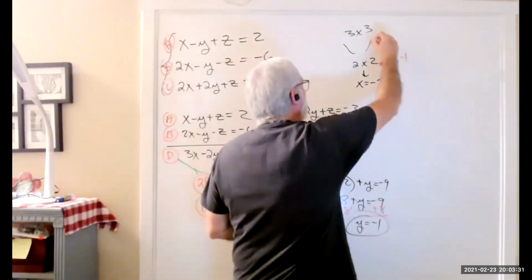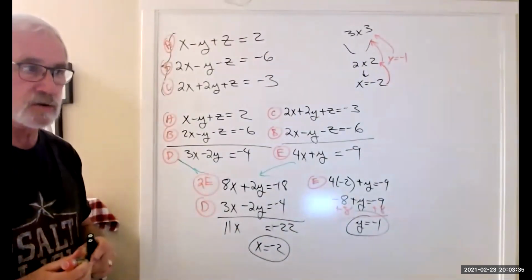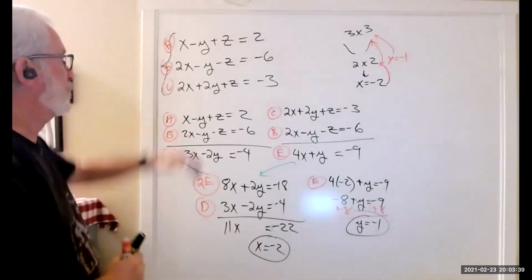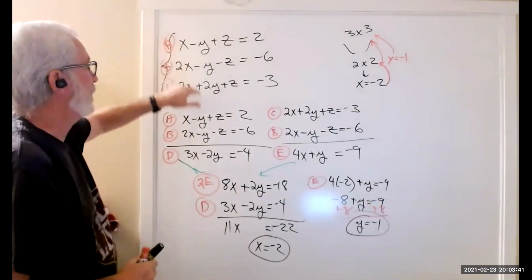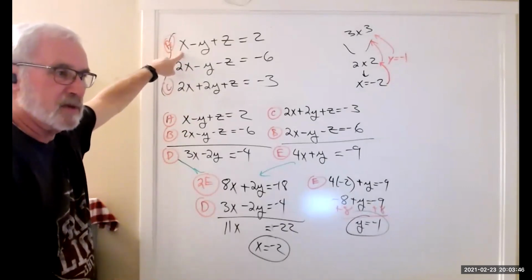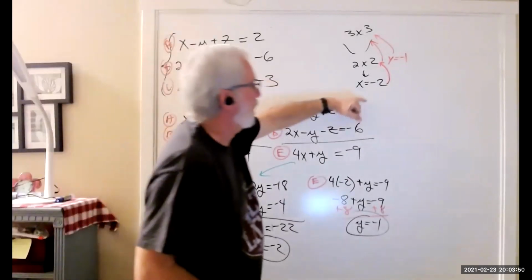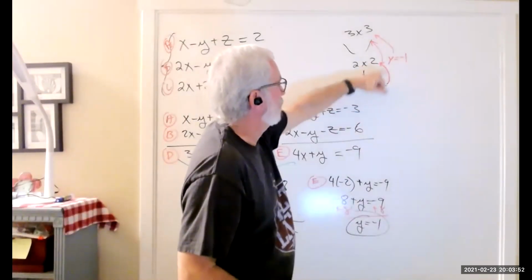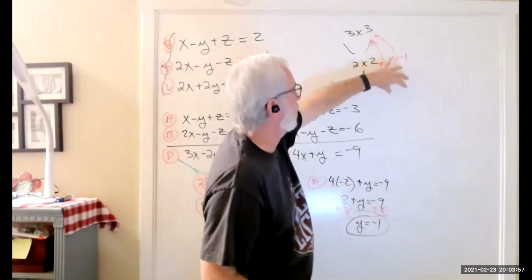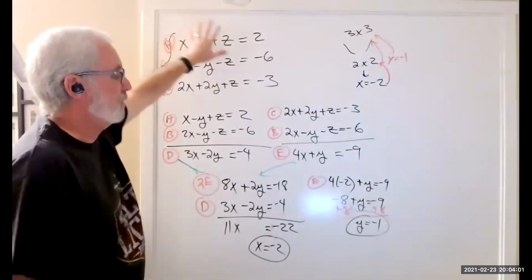I'm going to take both of those and plug them back into one of the 3x3s. It doesn't matter which one. Again, you pick the 3x3 that seems easiest. That one is the one that jumps out at me. Now we can take both of those and plug them into one of the 3x3s to figure out our Z.